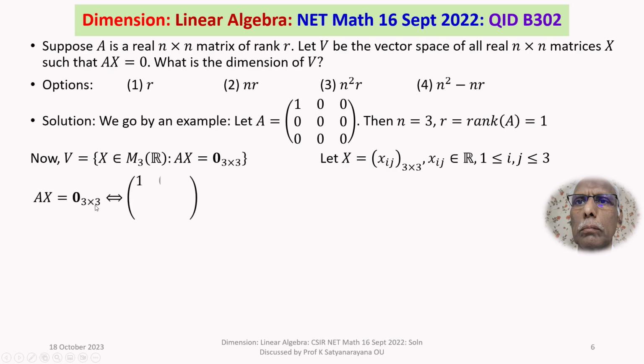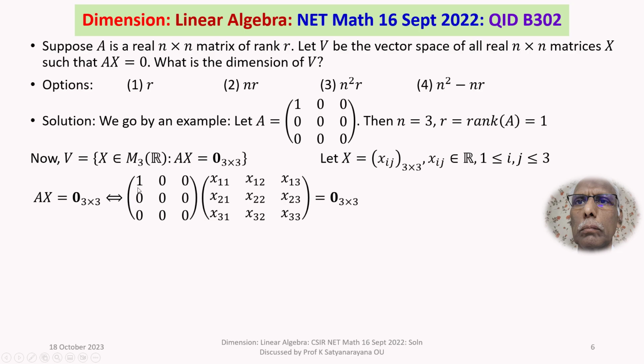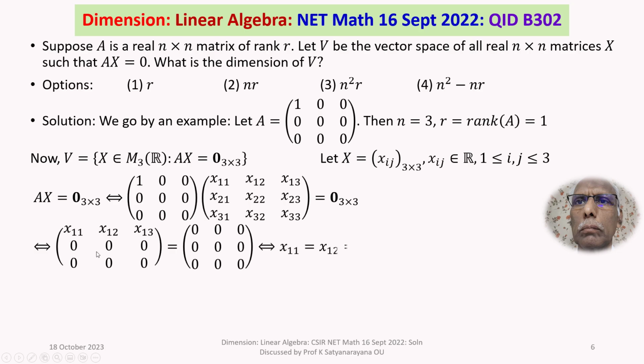Now, AX is equal to the 3 by 3 zero matrix if and only if capital A multiplied by capital X is equal to the 3 by 3 zero matrix. If you multiply, you will get the first row x11, x12, x13 and zeros elsewhere.